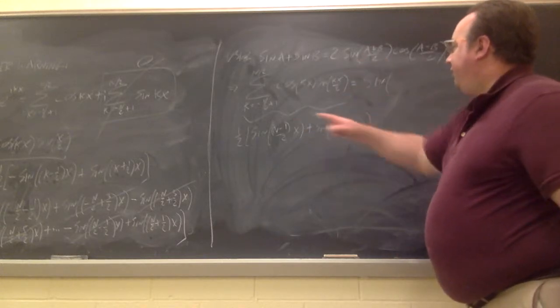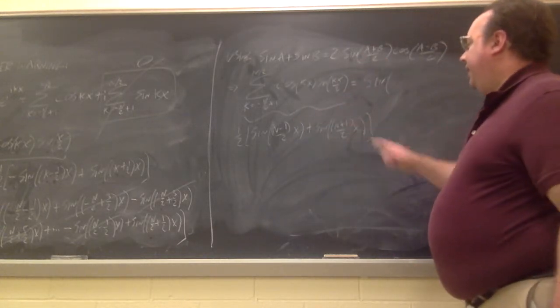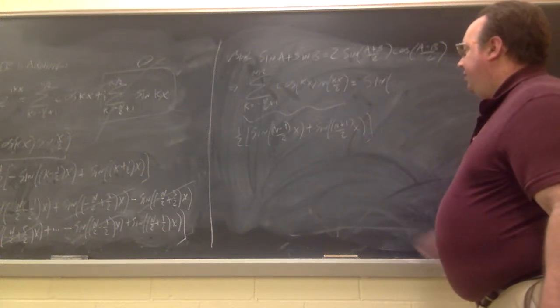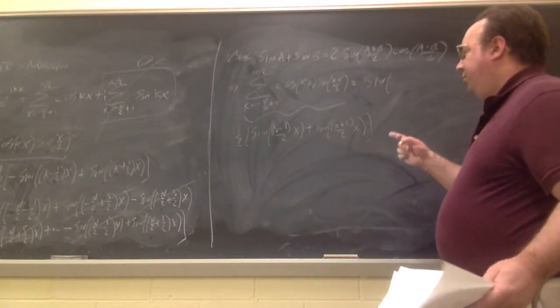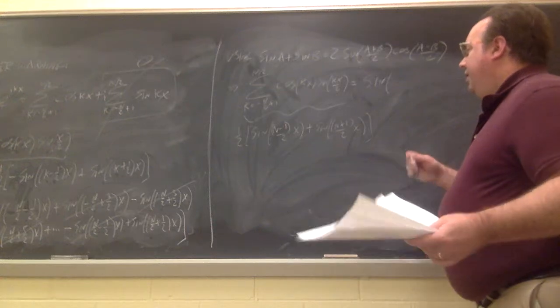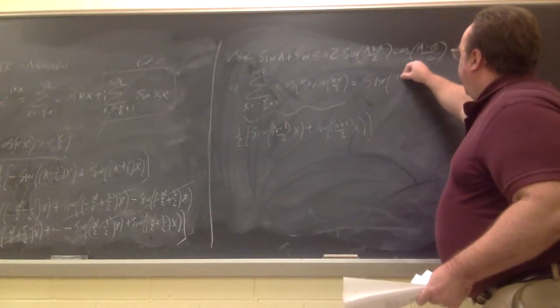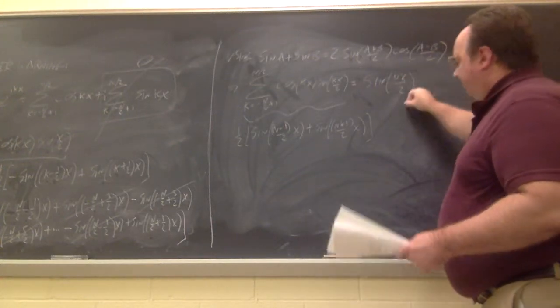So the 2 cancels with 1/2, and I'll add these together, and that gives me their average. N minus 1 and n plus 1 over 2. The average is going to be n over 2, so I'll get nx over 2.